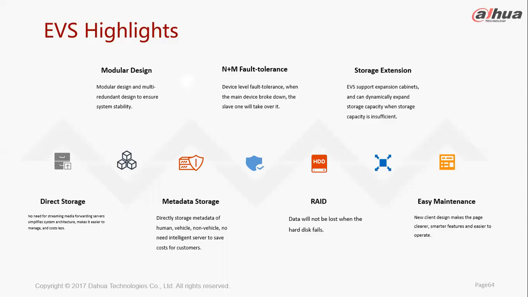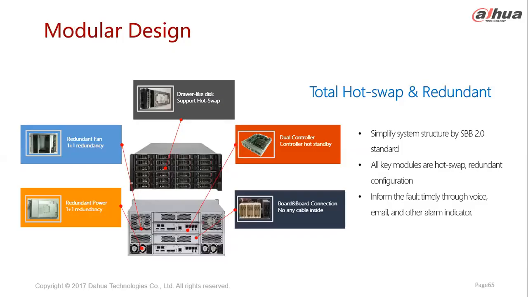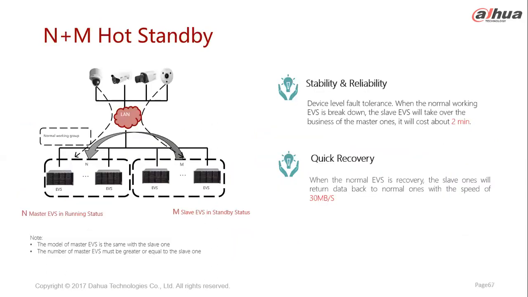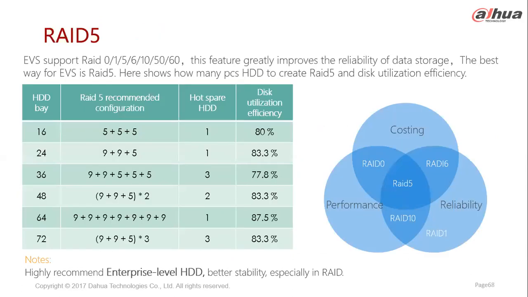Cases like RAID maintenance support functions like hot swap, etc. These are just the functions. You can do AI, but not that deep AI, very basic AI in the EVS. It's more of a storage device. We talked about RAID 5.